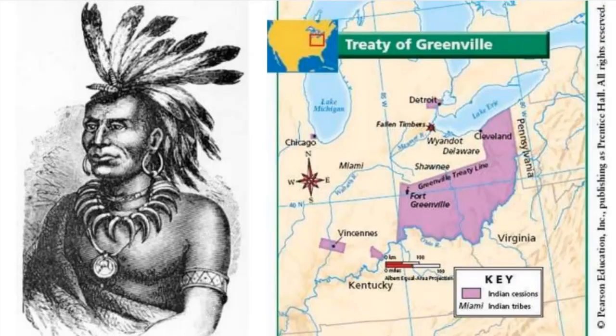You see here a drawing of Little Turtle, but also the map showing Indian cessions to the United States government as part of the Treaty of Greenville. Fort Greenville is located here.